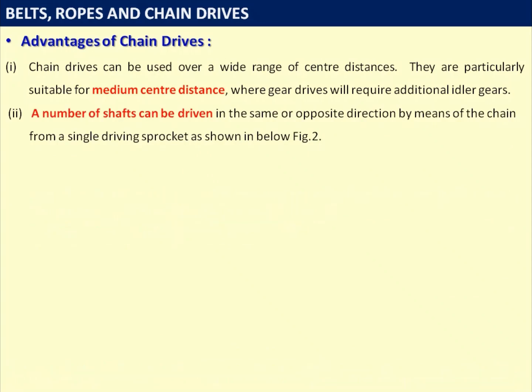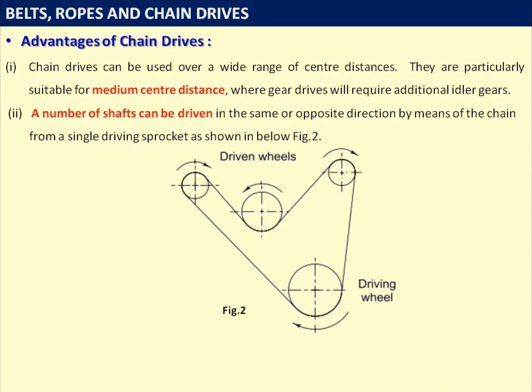The second advantage of chain drive is that a number of shafts can be driven in the same or opposite direction by means of the chain from a single driving sprocket, as shown in figure 2. This figure shows a driving wheel, and with the help of this driving wheel, these three sprockets are rotated either in the same direction or in the opposite direction.